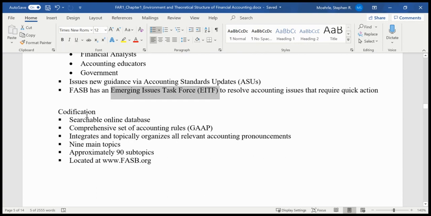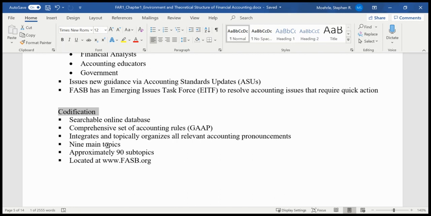Okay. Now there's this thing called a codification. It is a conglomeration of all the generally accepted accounting principles. It's a searchable online database. It's the comprehensive set of accounting principles, the comprehensive set of accounting rules, the comprehensive set of GAAP. It integrates and topically organizes all relevant accounting pronouncements.